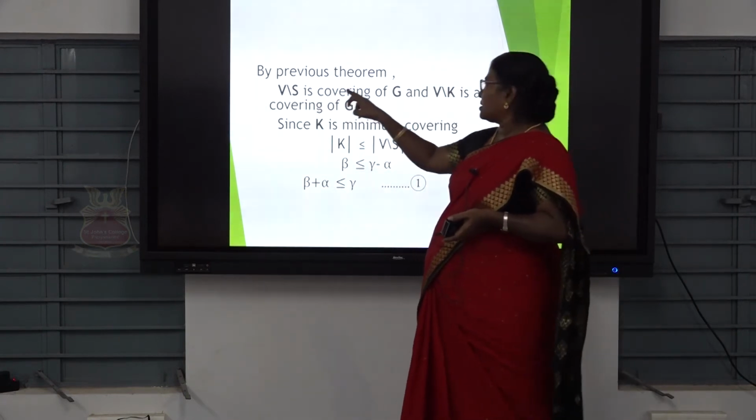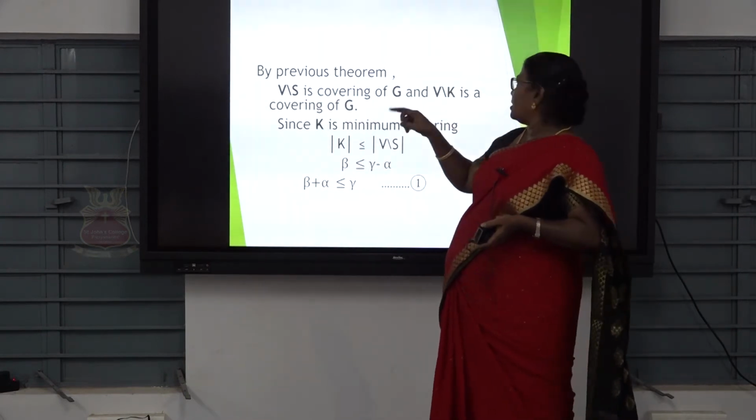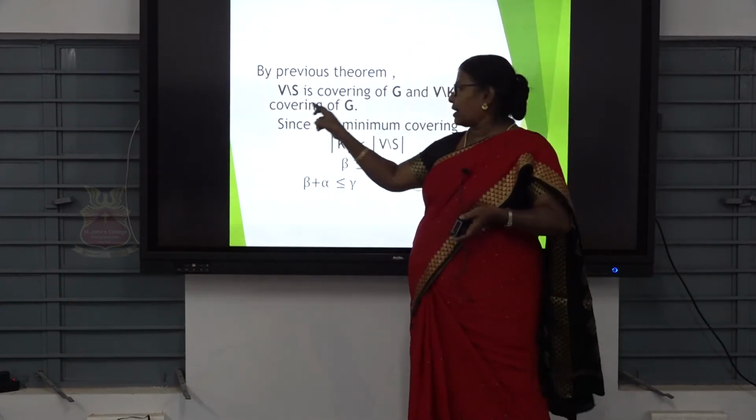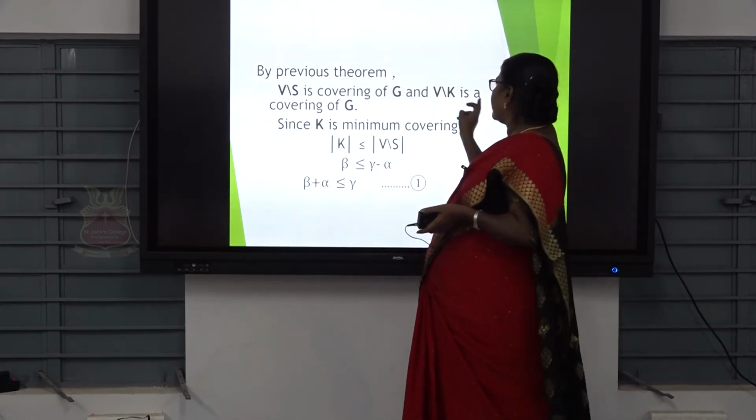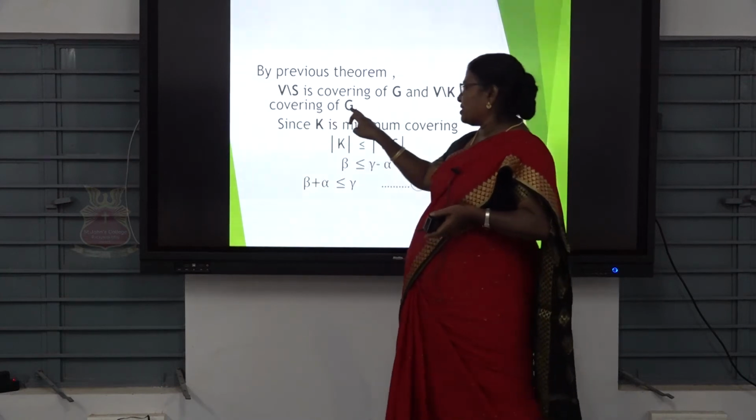Therefore V minus S is a covering of G. Similarly V minus K will be an independent set of G.